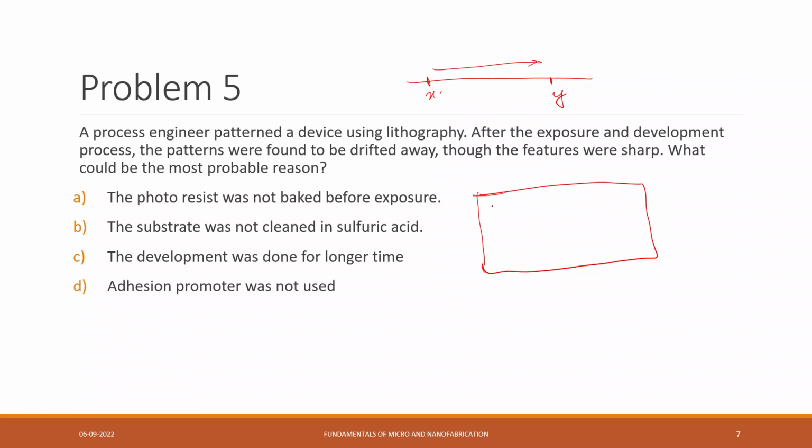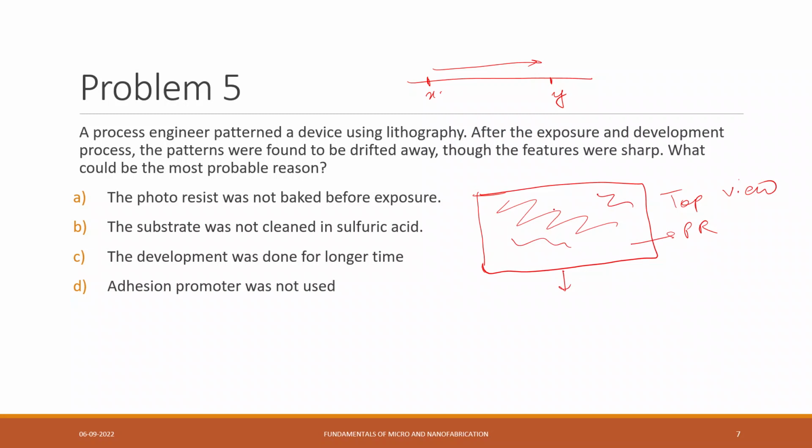What we do is we essentially have this portion, which is the top view. We coat the silicon wafer using a photoresist, and then we expose it depending on the patterns.